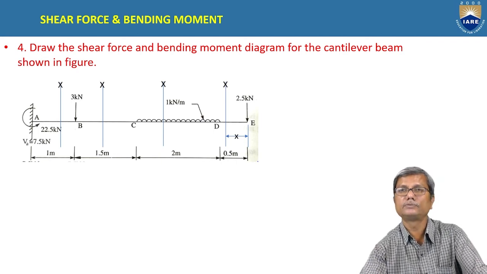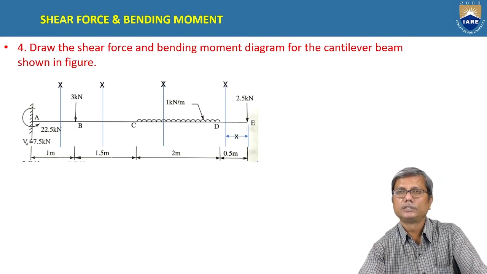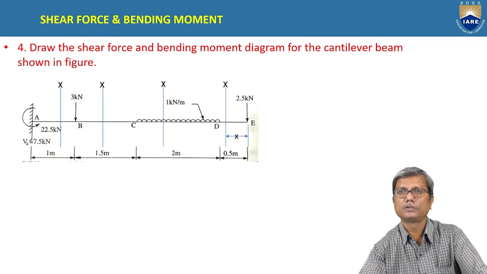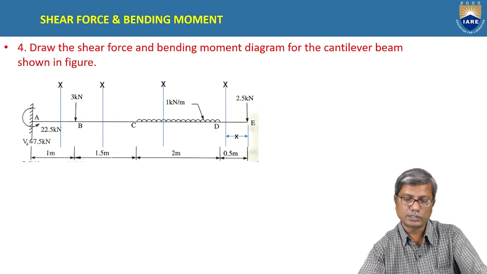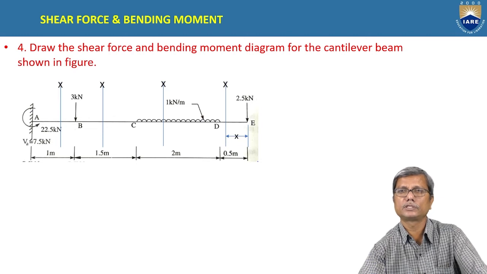Okay, so here we need to consider 4 different sections, because for every change in loading, the equations change. Between E and D there is no load. At D there is a UDL, the starting point of UDL. So from D onwards, the shear force equation or bending moment equation changes.